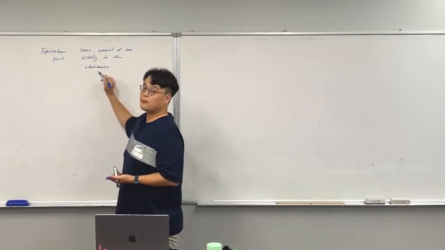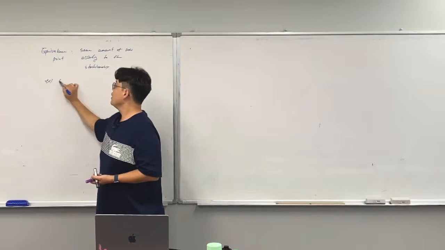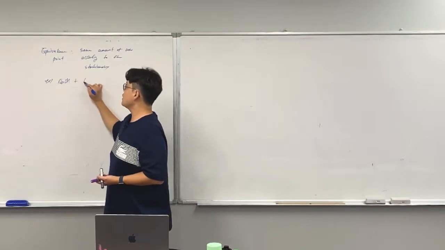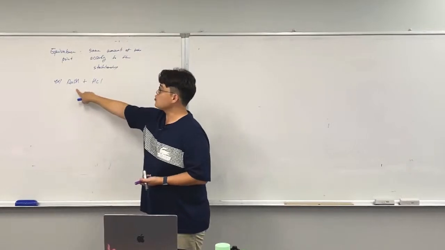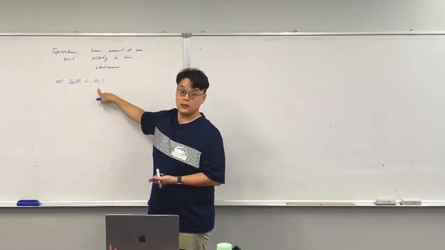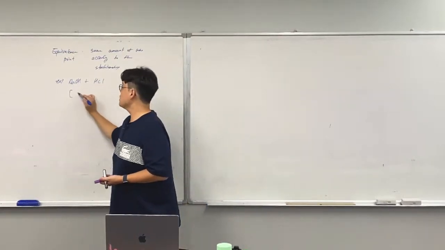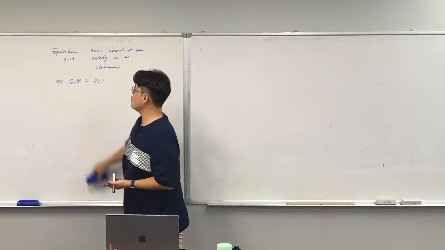I'll tell you what I made in here. For example, when we add sodium hydroxide to hydrochloric acid, it's pretty obvious that at the equivalence point we have the same number of moles of sodium hydroxide and hydrochloric acid.